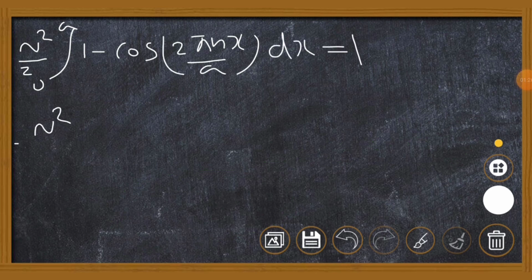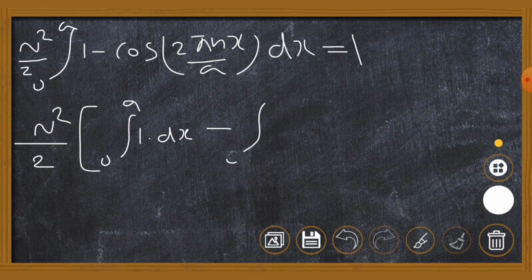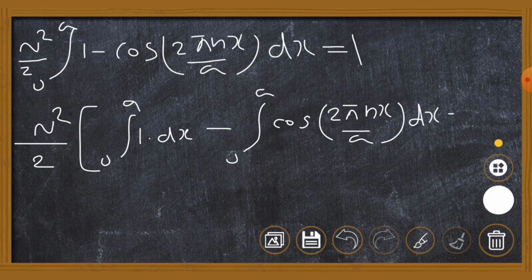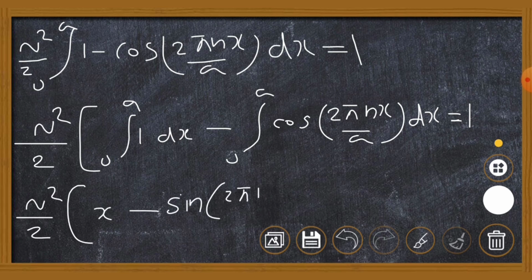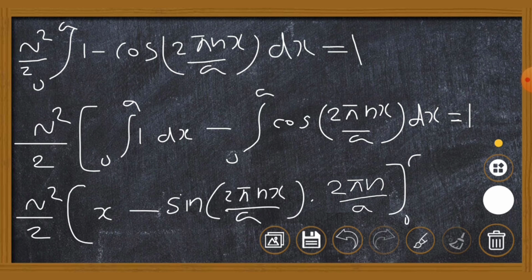N square by 2 into integral 0 to A 1 dx minus integral 0 to A cos 2 pi nx by A dx equal to 1. That is n square by 2 into the integral of 1 is x, minus sin 2 pi nx by A into 2 pi nx, limit 0 to A.